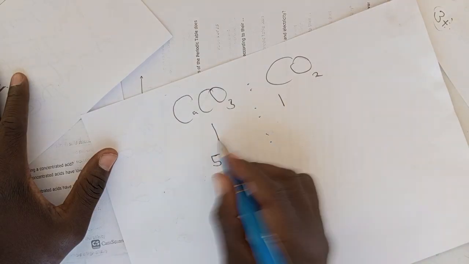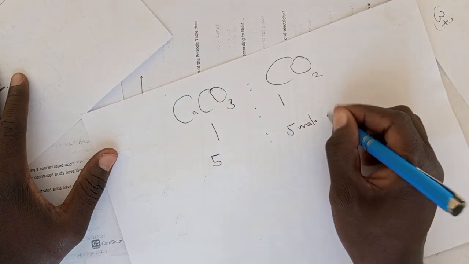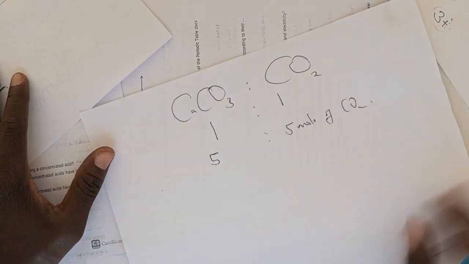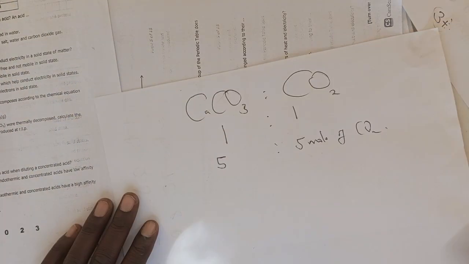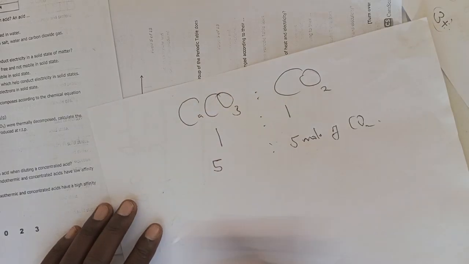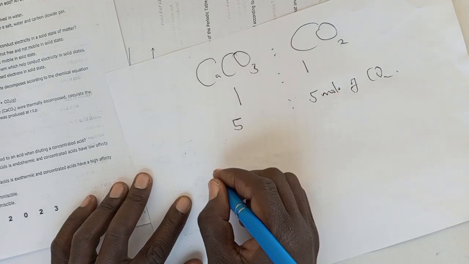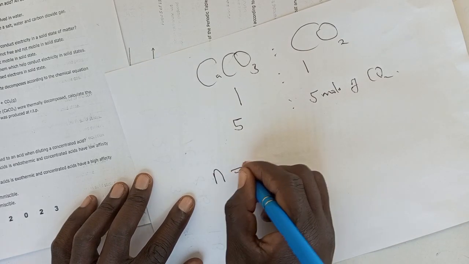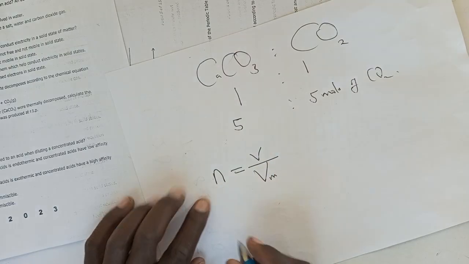What about this side? Since this is 1:1, we're going to have 5 moles of carbon dioxide. So we can now use those moles with the molar volume at room temperature and pressure to calculate the volume. Remember, the formula is number of moles is equal to volume over molar volume.